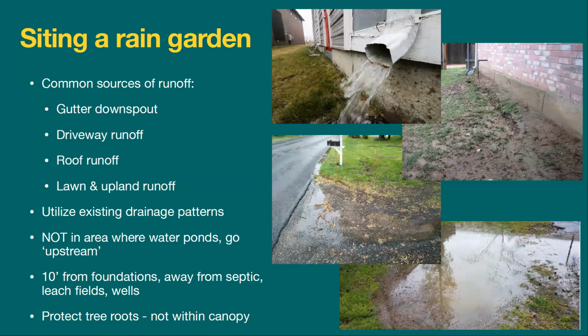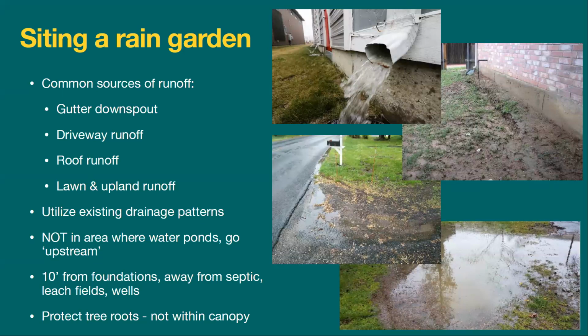So you still have more runoff than your woodland area or your meadow area. You do want to utilize existing drainage patterns if possible. A big thing that often happens is people want to put rain gardens where the water is actually ponding. Typically you don't want to do that because it's probably pretty low in the landscape. It also might not have great infiltration rates, might be clay soil or compacted.